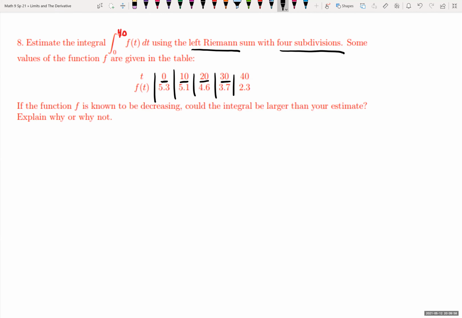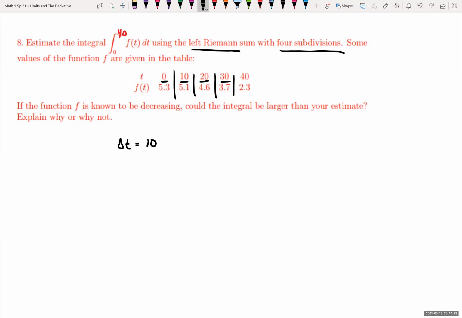And so notice that delta t, the length between each, is 10. Okay. And then we needed to find the height for each piece.